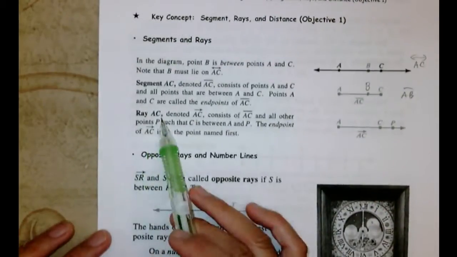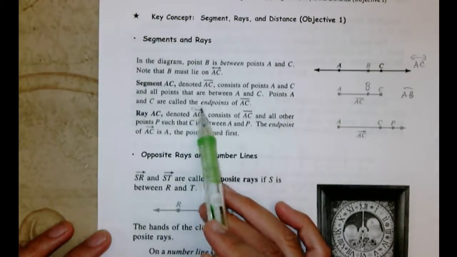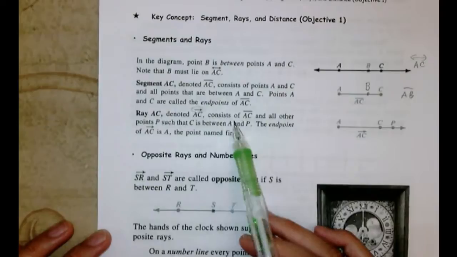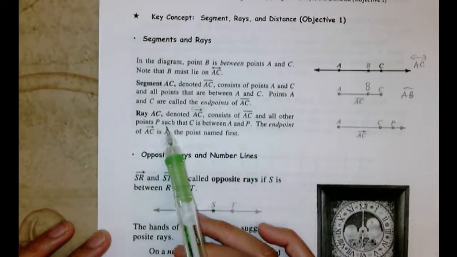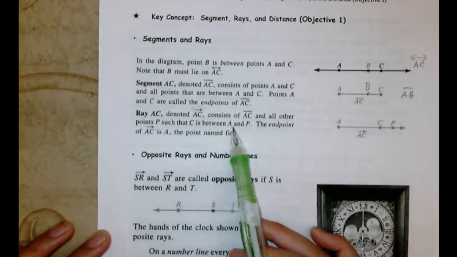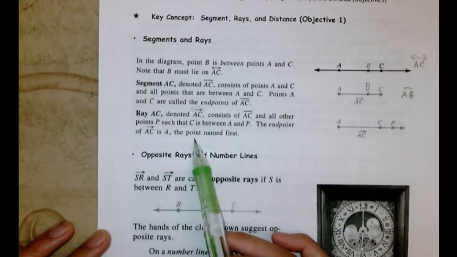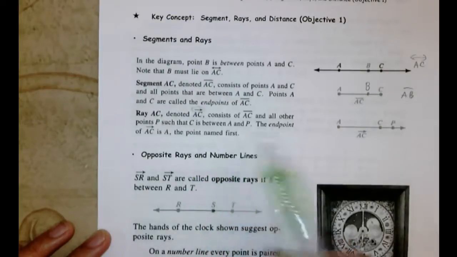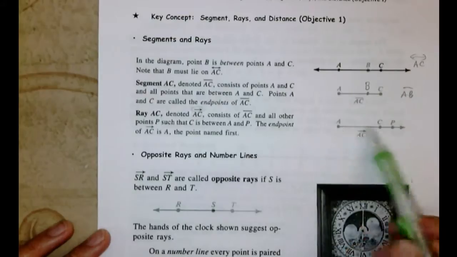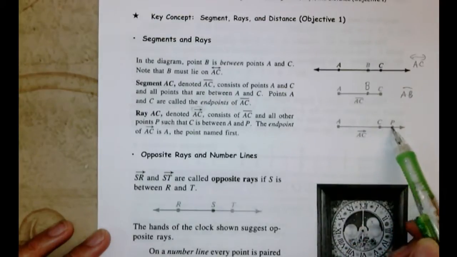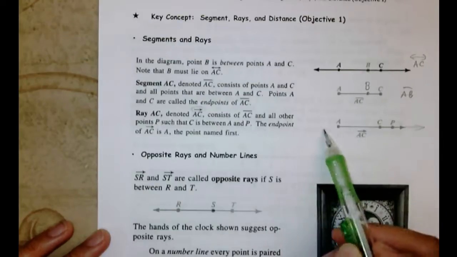Okay, ray AC, denoted with this right here, consists of the segment AC and all other points P such that C is between A and P. The endpoint of ray AC is A. The endpoint is named first. Okay, so ray AC is segment AC plus all the points beyond C going this direction, but not this way.